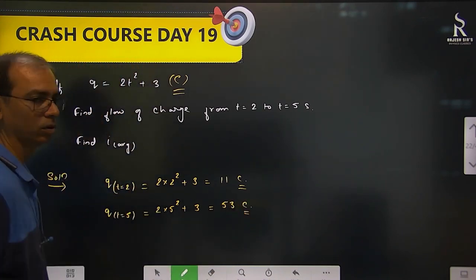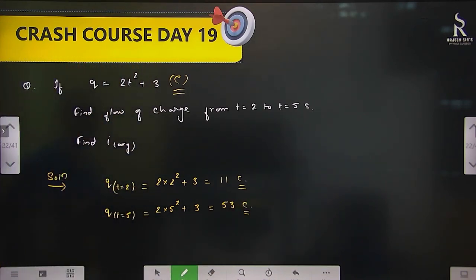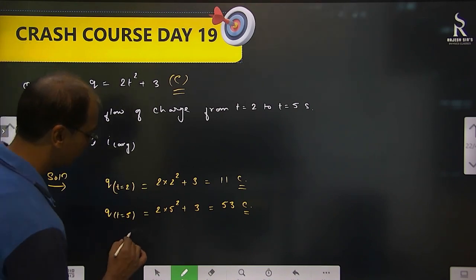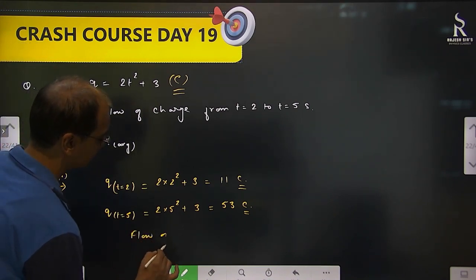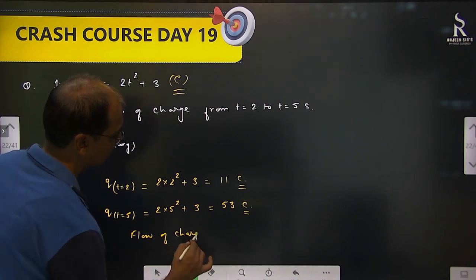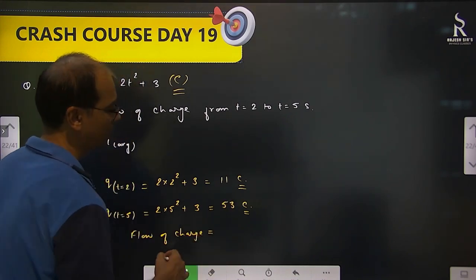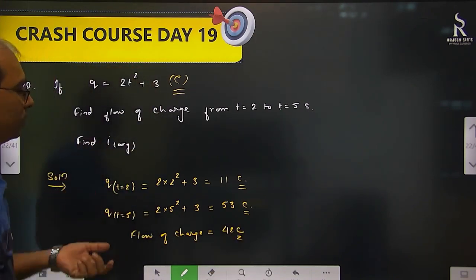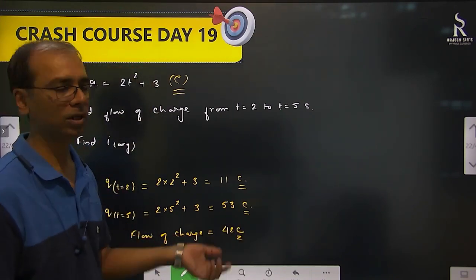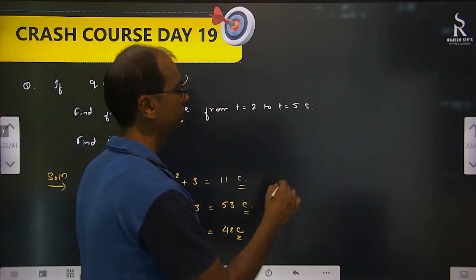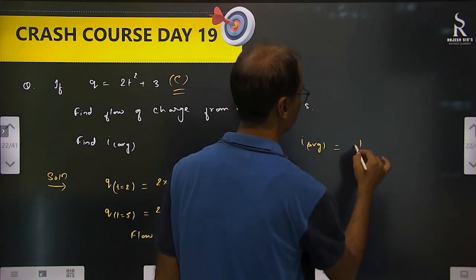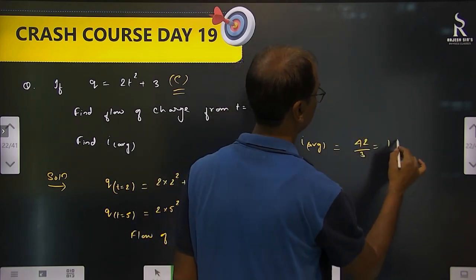The flow of charge is 53 minus 11, which is 42. Then the question asks to find I average. This is the total flown charge, and in how much time? 3 seconds. So I average is 42 by 3, that is 14 ampere.